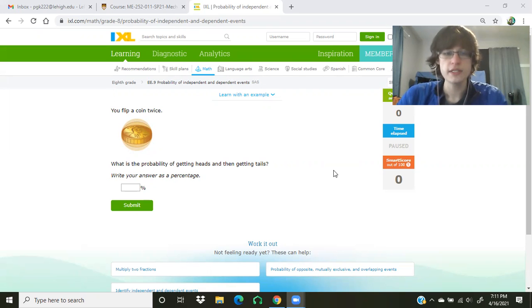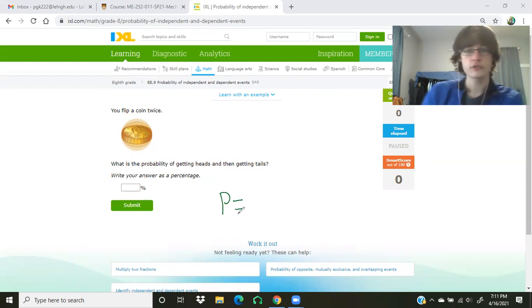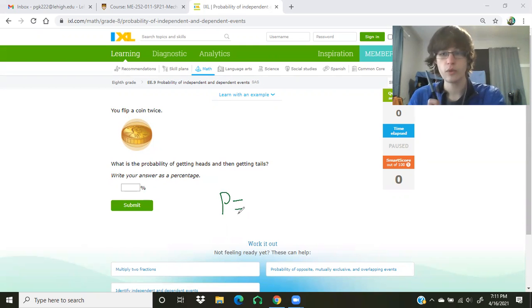So what is the probability of getting heads and then getting tails? Let me get my pen out here. We can write the probability is equal to, and now we can start constructing our probability fraction. But what is different this time than what we've done previously is we're going to have more than one probability fraction and we're going to multiply them together.